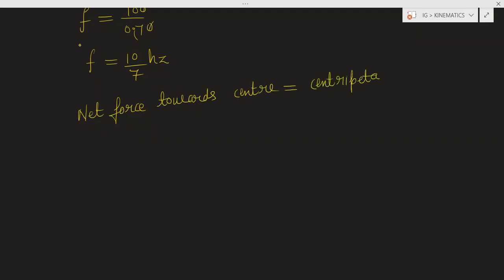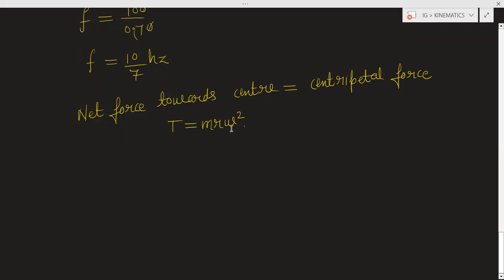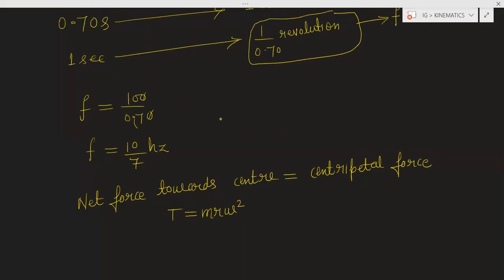The net force towards the center is the tension force, and the centripetal force is m r omega square. Now there is one relation between omega and the frequency: omega is equal to 2 pi into f. From this frequency we can find the angular velocity.